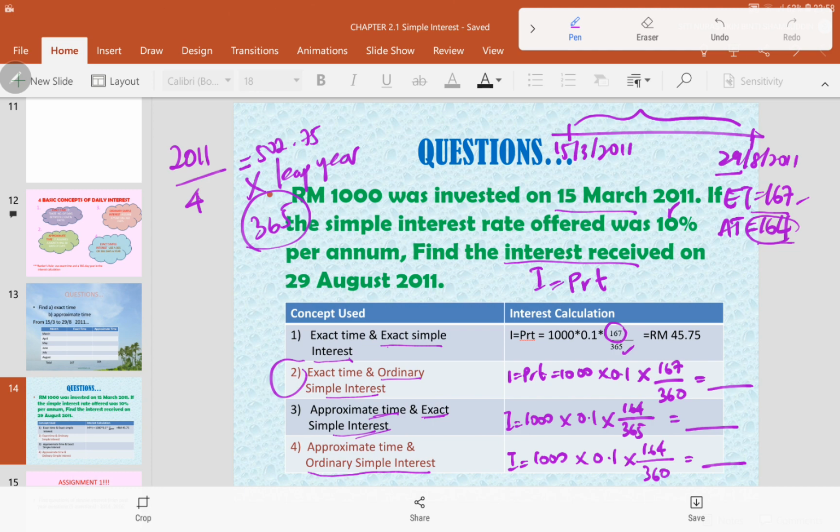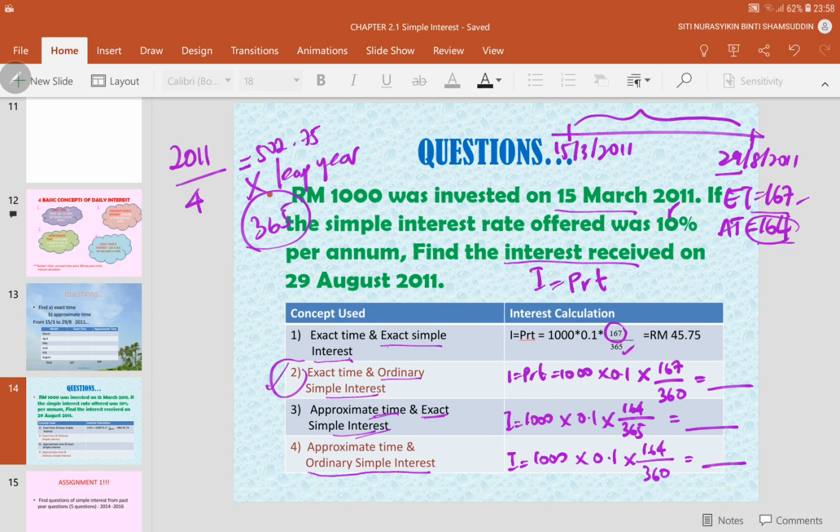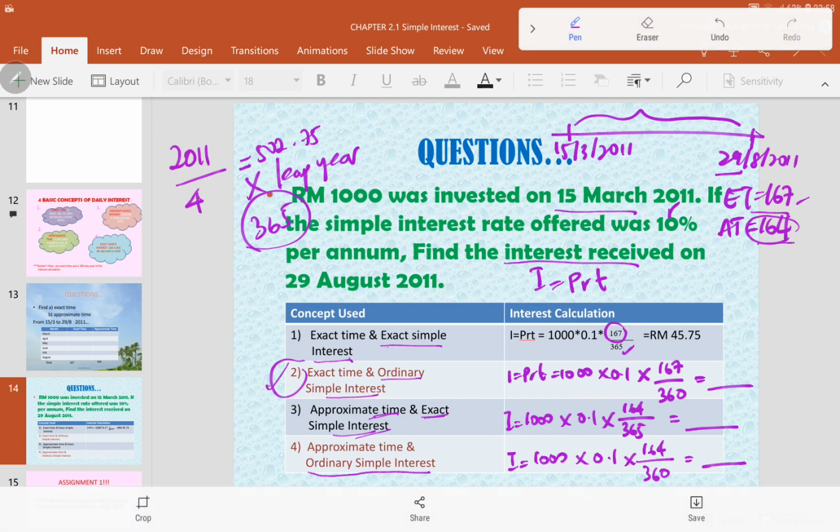So basically, we usually use second concept for every question that we solving later. Okay. So because this is yang biasa digunakan lah banker's rule, which is exact time and ordinary simple interest.